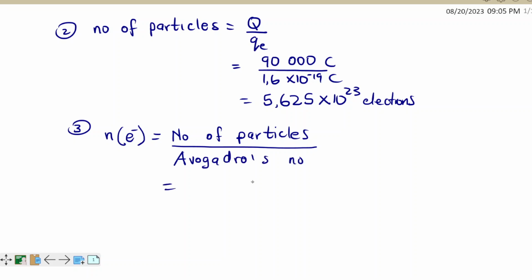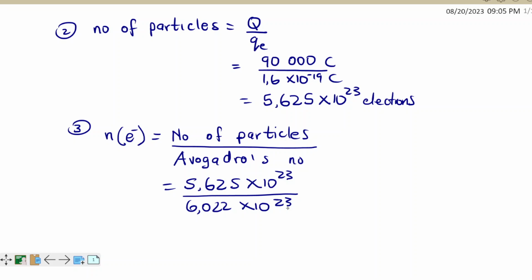So what is the number of particles? It is 5,625 times 10 to the power 23. Divide that by the Avogadro's number, which is 6,022 times 10 to the power 23.